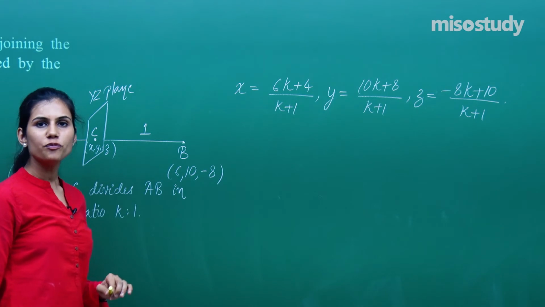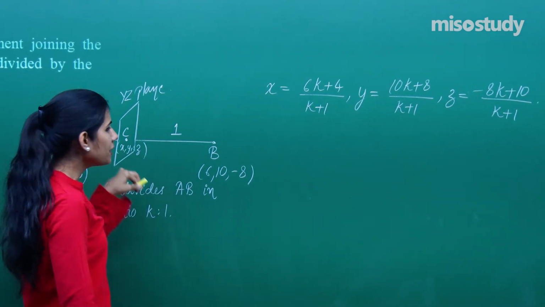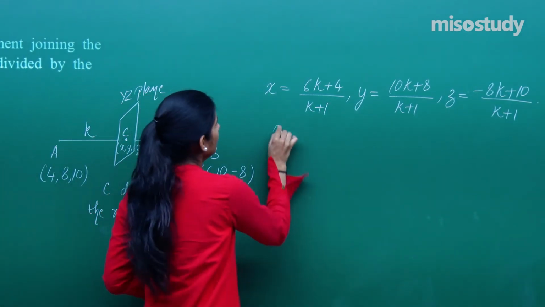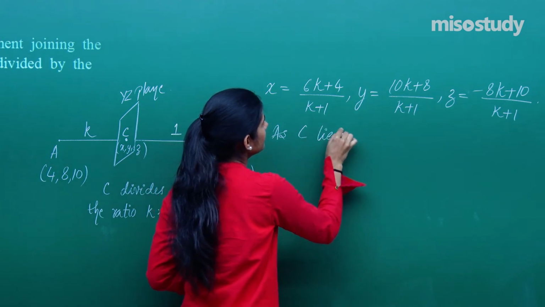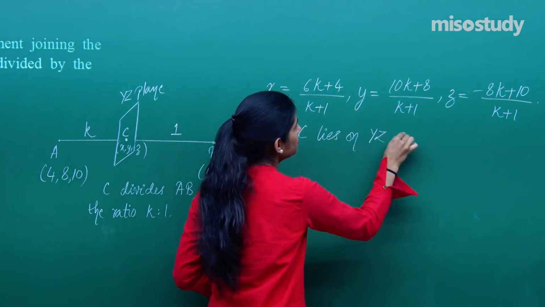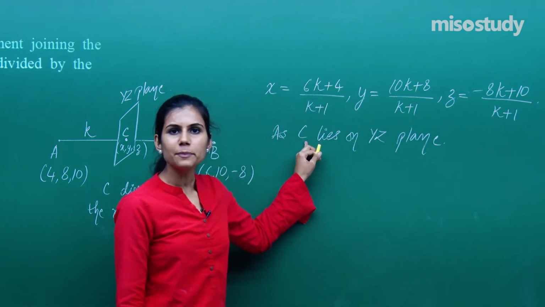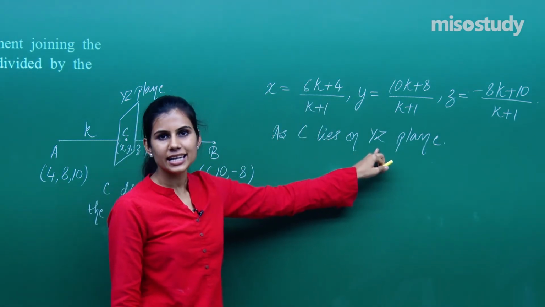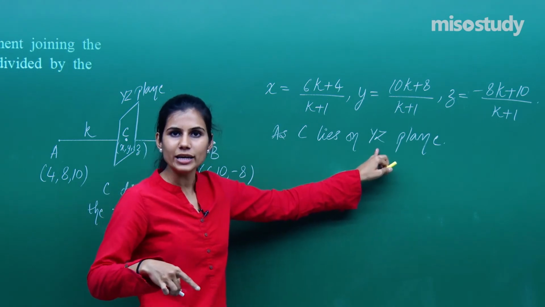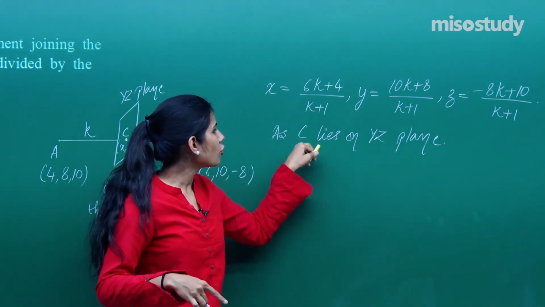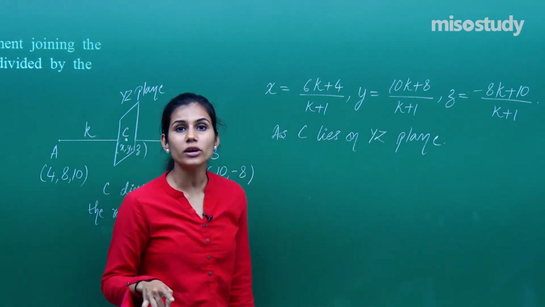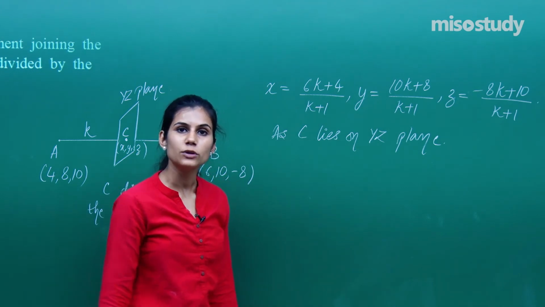But the feature of point C is that it is lying in the YZ plane. As C lies on the YZ plane, clearly from C, when you draw a perpendicular onto the YZ plane, its length will be 0 because it itself is lying in the YZ plane. And the length of the perpendicular drawn from C to the YZ plane is the x coordinate of C. That means x coordinate of C would be 0.